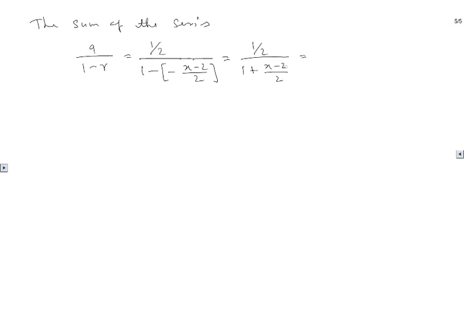If you multiply the top and bottom by 2, you're going to get 1 over 2 plus x minus 2, which is 1 over x, as we expected. So if you consider all the terms, going to infinity, the series exactly converges to 1/x. Perfect. Okay, good.